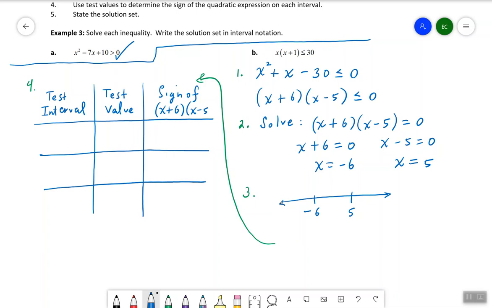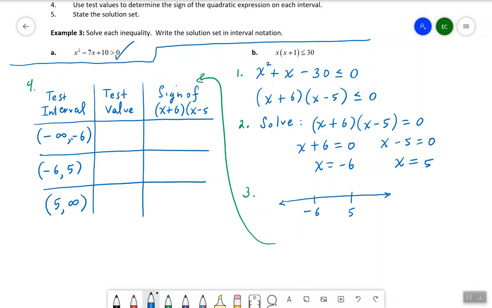So again, we can look back at this number line in step 3, and we can think from -∞ up to -6 would be the first interval to check. And the next interval would be -6 up to 5, and then from 5 to infinity.